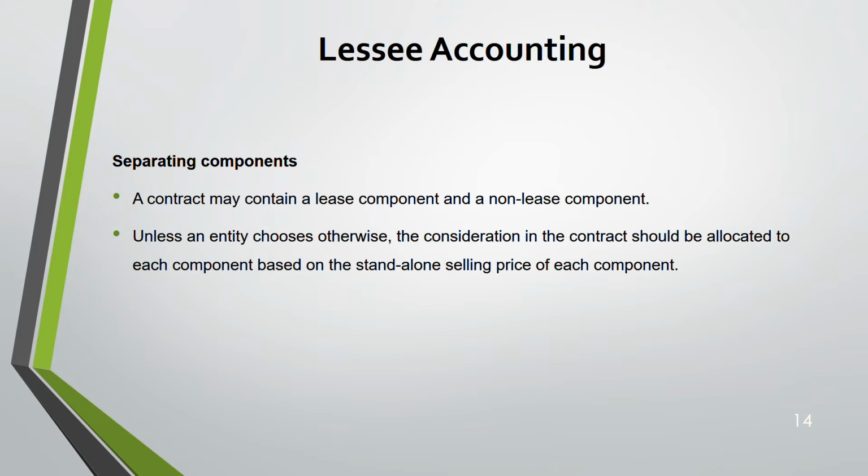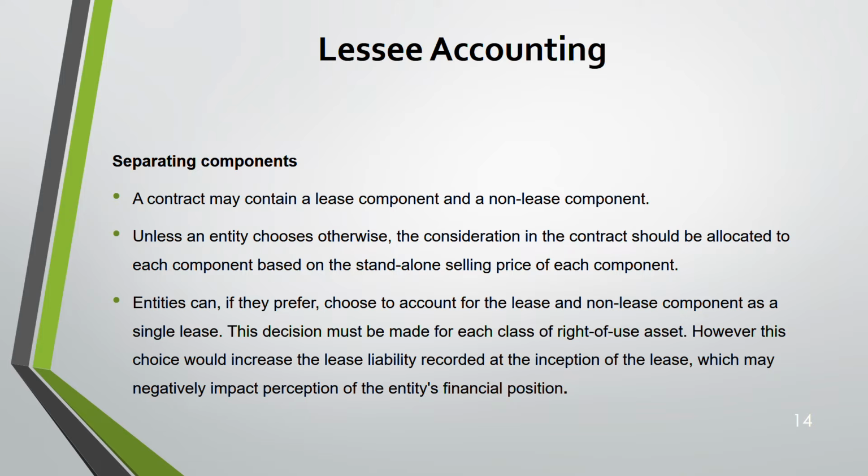When a price is given, you have to allocate it between the lease component and the non-lease component, based on the standalone selling price of each component. Next, you can separate these two if you want, or if the entity prefers, they can account for it as a single lease, taking both the lease and non-lease component as one.